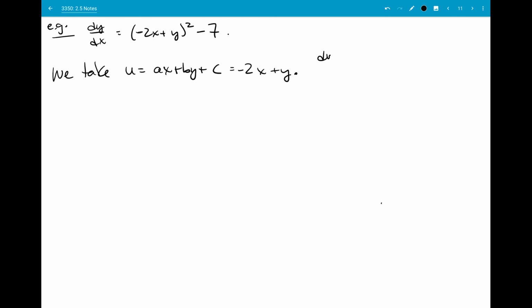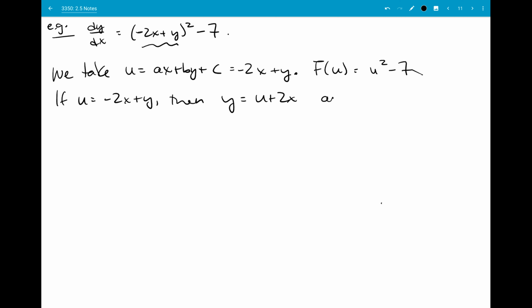And the reason for that is because we want to be able to write dy dx equal to f of something. And so our something is that right there. That is, our f of u is going to end up being u squared minus 7. And you'll see that when we plug it in. But if u is equal to minus 2x plus y, then y is u plus 2x.